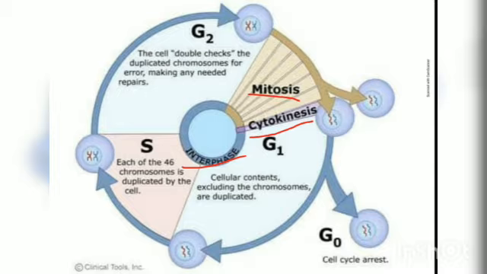Each of the 46 chromosomes is duplicated by the cell in the case of human beings. In the G2 phase, the cell double checks the duplicated chromosomes for errors, making any needed repairs. If the cell has not duplicated all its chromosomal content, then the cell undergoes another stage called the G0 stage or cell cycle arrest stage. You can see here.